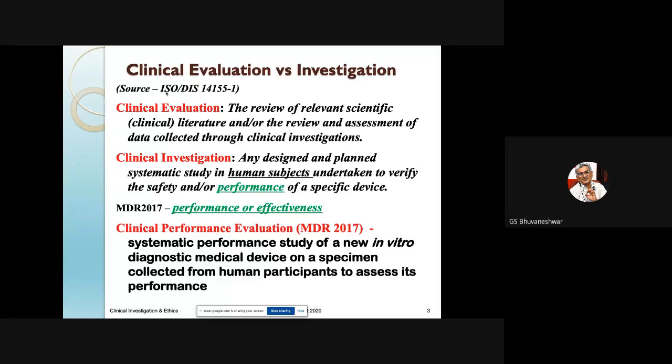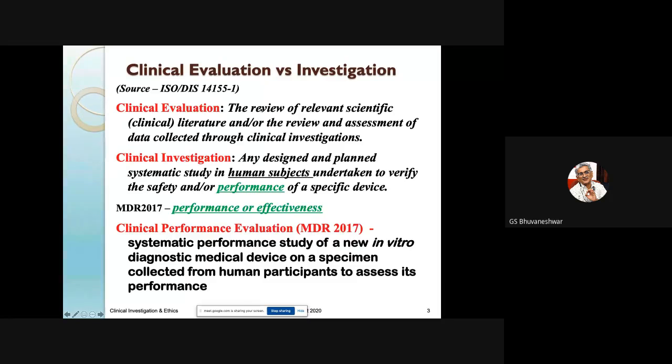So clinical evaluation today is internationally used. Particularly, it has become essential under the European regulatory requirements as well as the US FDA requirements. It is the review of the relevant scientific clinical literature and or the review and assessment of data collected through clinical investigation.